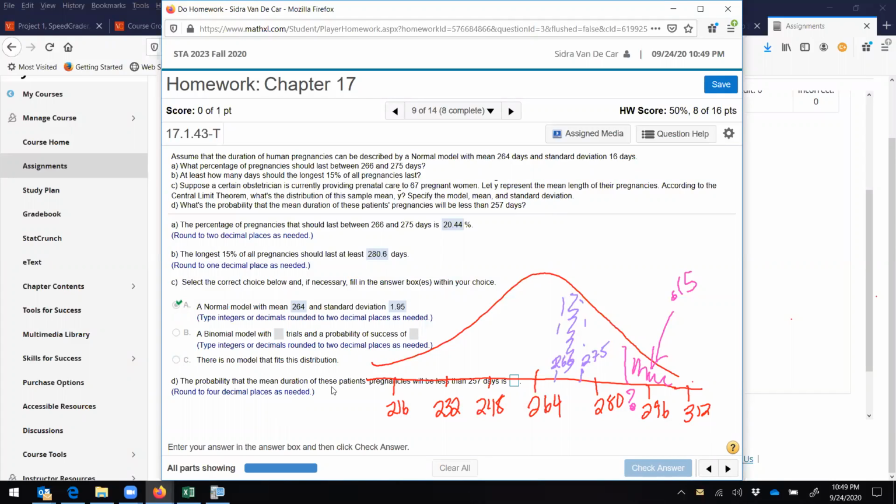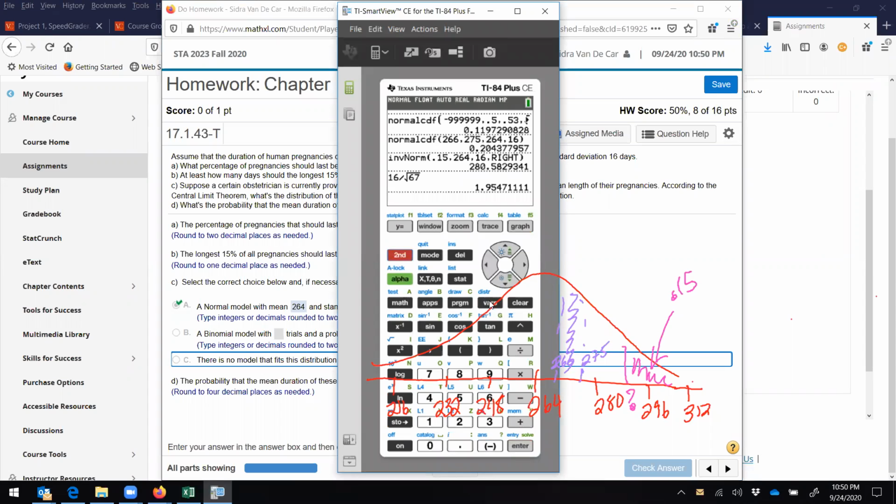The probability that the mean duration, oh, okay, will be at less than 257 days. So now we're using this mean and this standard deviation. 257 is here. So I'm shading this way, but not on this normal model that I've drawn, on the one that has this mean and this standard deviation. So let's go to our calculator. Second distribution, normal CDF. We want the lower bound to be infinity, so that's fine.